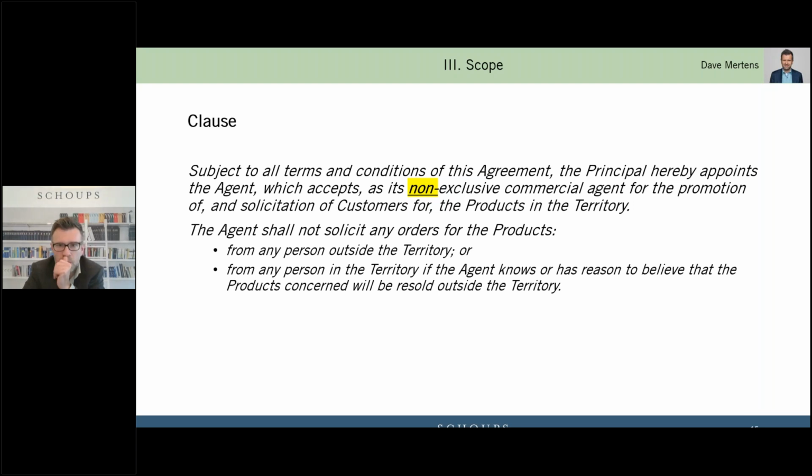It's whatever you put in the contract, but at least again, think about what you want. And you can also think about it: is this agent allowed to solicit orders for the products outside his own territory? Yes or no. Often the answer is no, we don't want that.